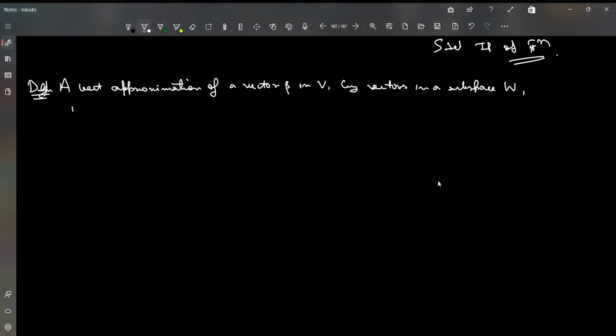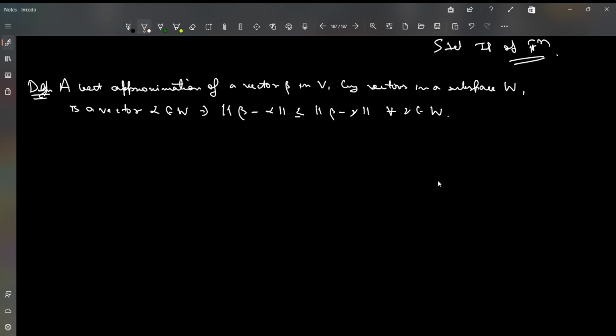So it is a vector alpha which also belongs to W such that the norm of beta minus alpha is less than or equal to the norm of beta minus gamma for all gamma in W.